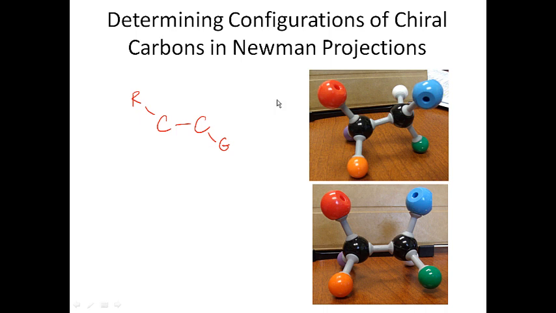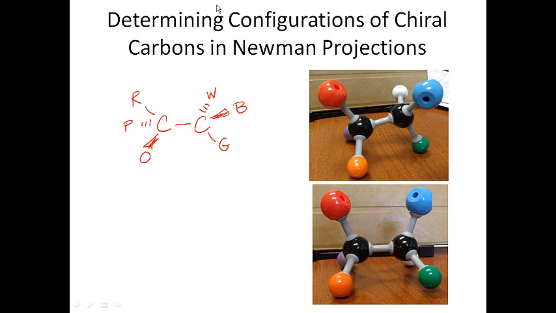Now the blue is pointing towards the front of the screen, and so would this orange ball down here, and they both would get bold wedges. There's a purple group here in the back, which would get a dashed wedge, and then the white group in the back would also be on a dashed wedge.